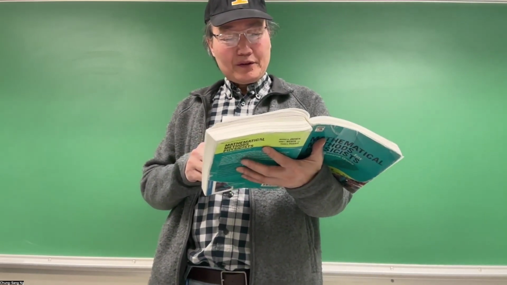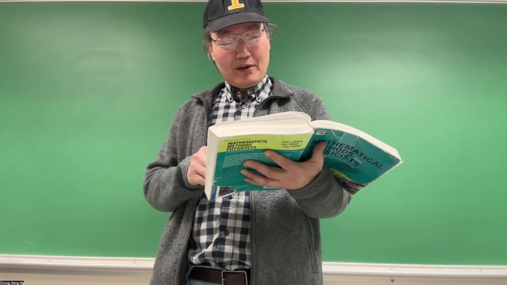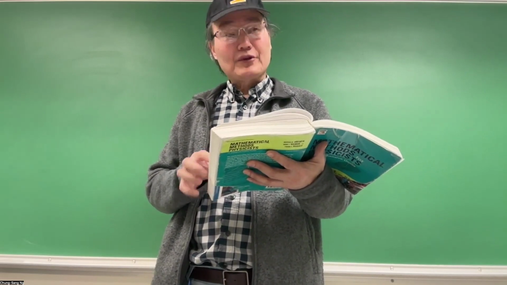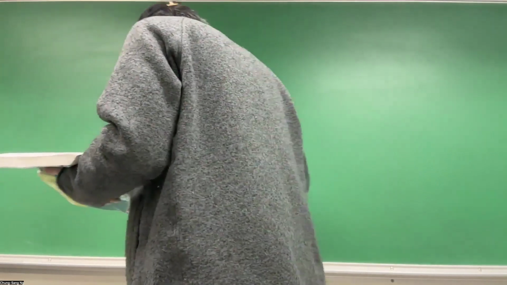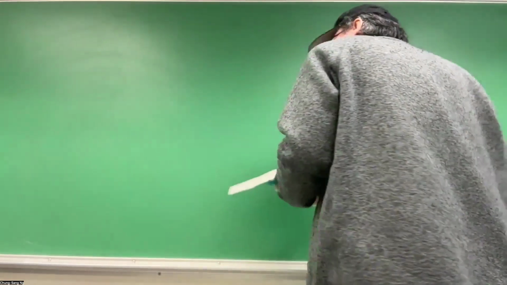And so the slightly more general is the operator that is not Hermitian, which means the operator A is not the same as its adjoint. So this is called the normal matrix.